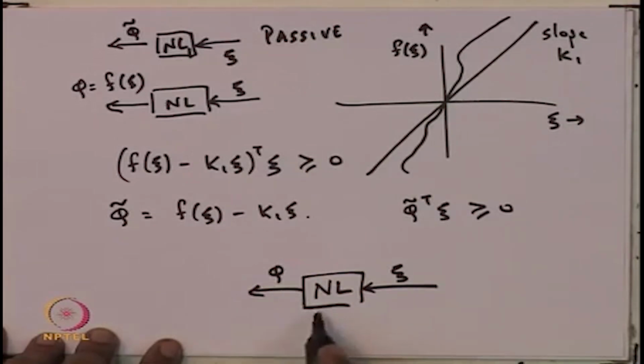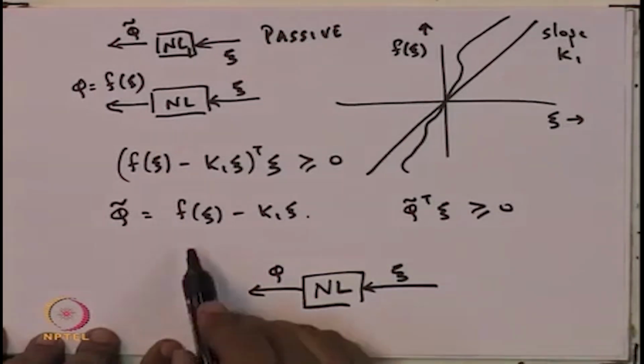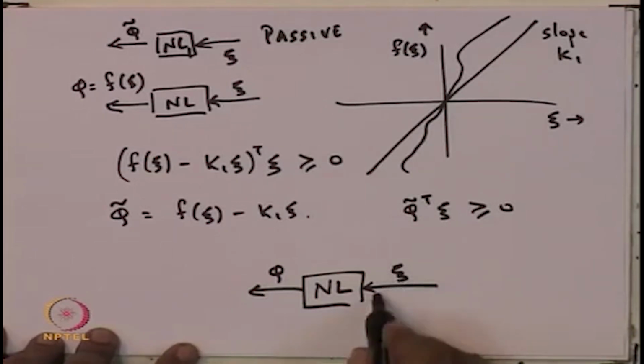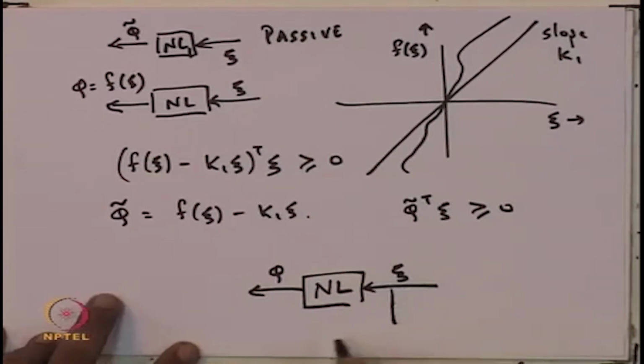But you want a new nonlinearity which does not give phi as the output, but gives phi tilde as the output. So, how to get phi tilde? You want to use the same psi as the input. If I take a k1 here, so k1 times psi is what I will get.